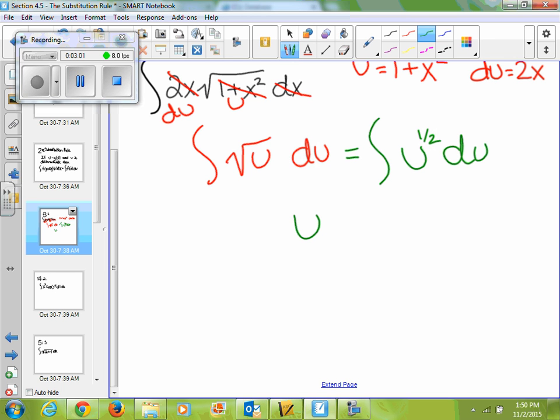So 1/2 plus 1 is 3/2. So this integrates to u to the 3/2 divided by 3/2. If I simplify that, then this becomes 2/3 u to the 3/2, because dividing by 3/2 is the same thing as multiplying by 2/3.